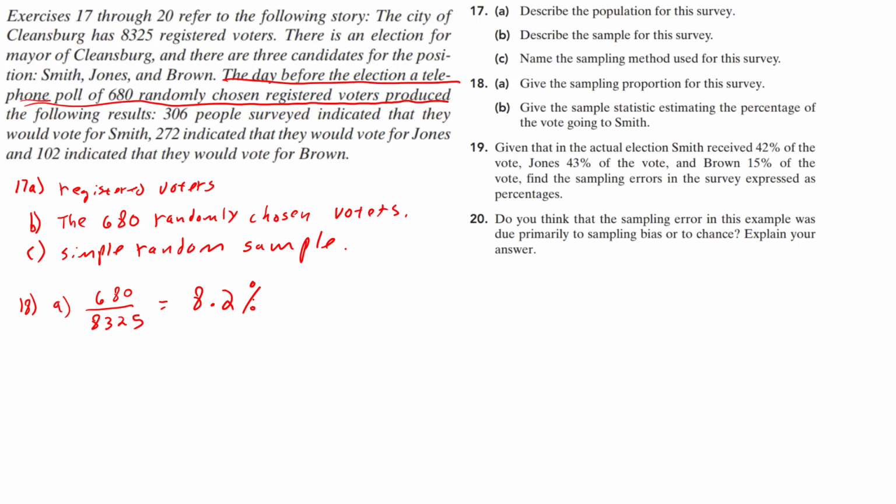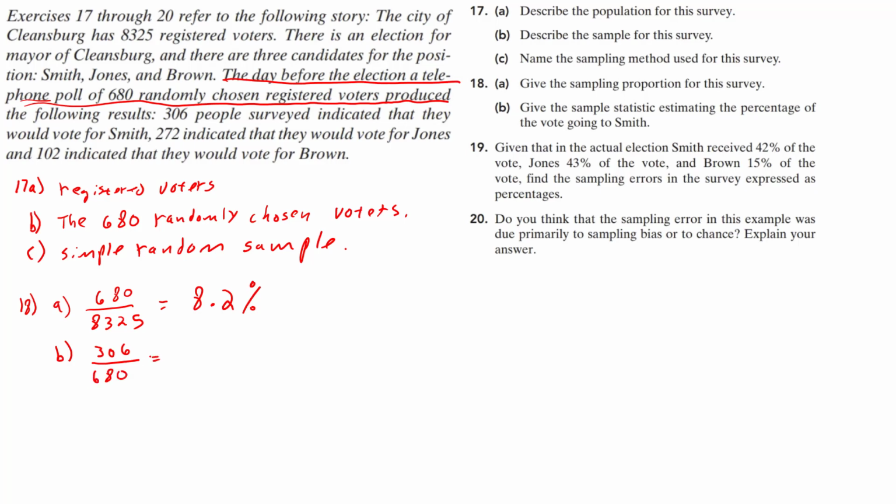Give the sampling statistic estimating the percentage of the vote to go to Smith. So for Smith, from this sample, we get that 306 people would vote for Smith, and there were 680 people in total.